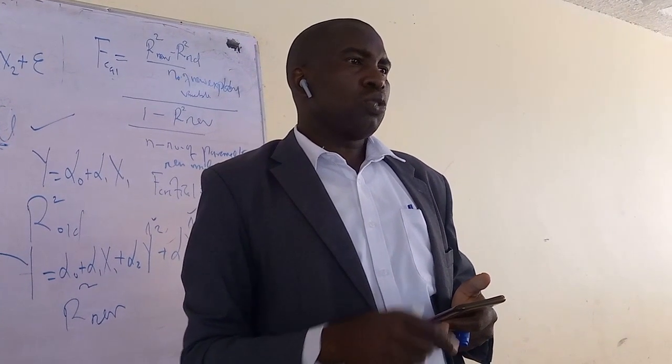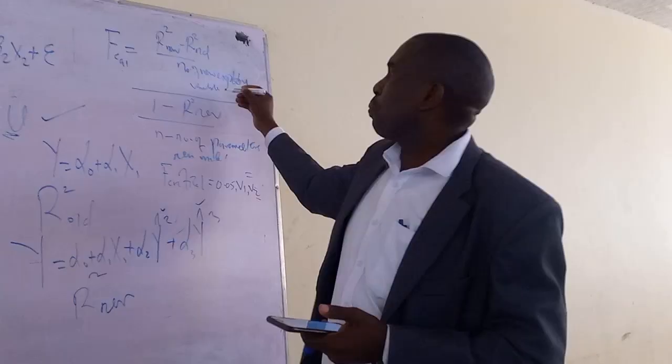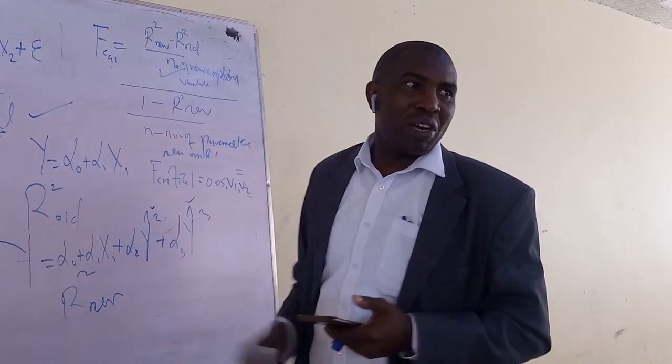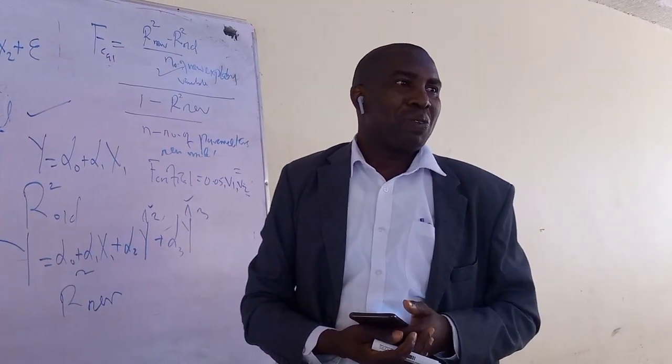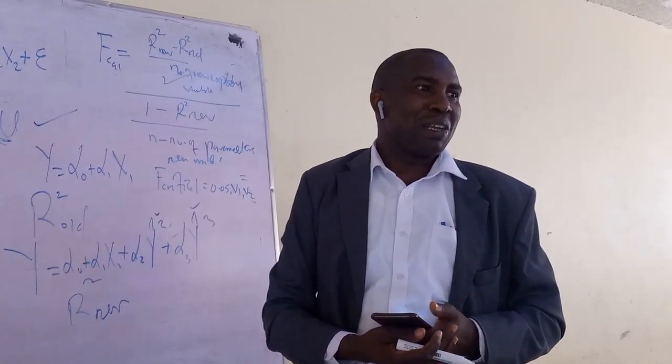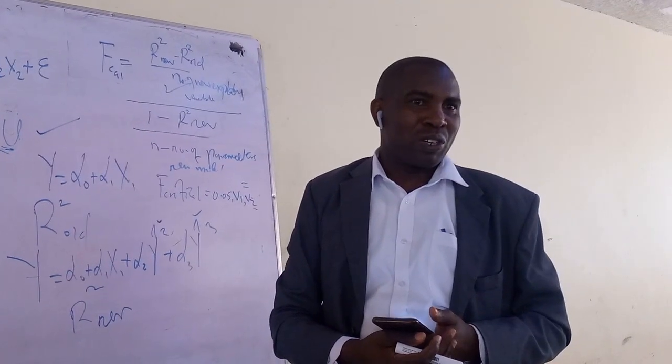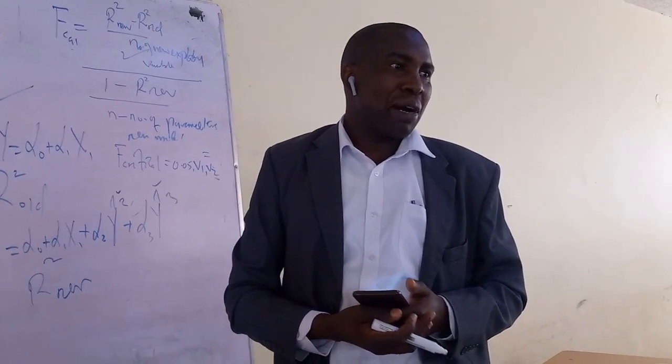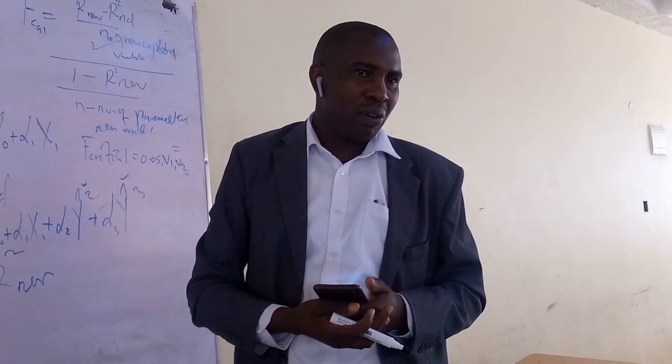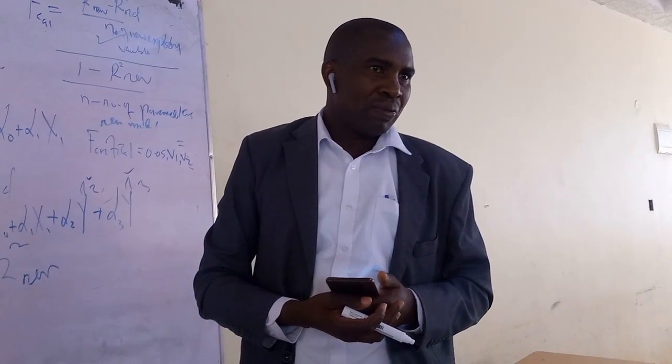V1 is what is up here: the number of new explanatory variables introduced. And V2 is n minus the number of parameters in the new model. Are we in agreement there?